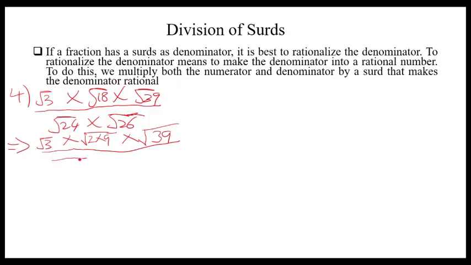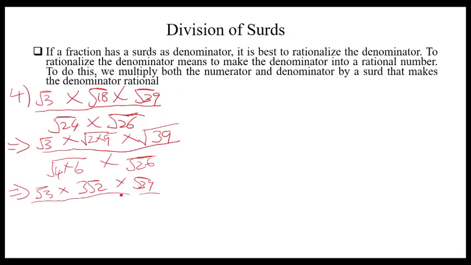So for this, square root of 24 is the same thing as square root of 4 times 6, times the square root of 26, but I don't know anything that can go into 26. So this is the same thing as square root of 3 times 3 root 2 times square root of 39, everything divided by 2 root 6 times square root of 26, right?